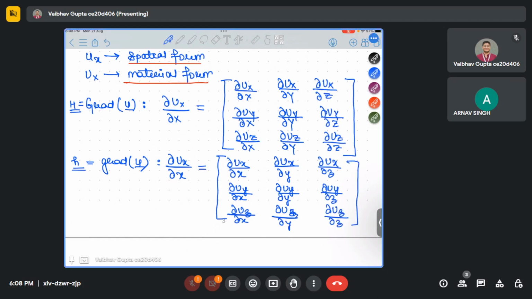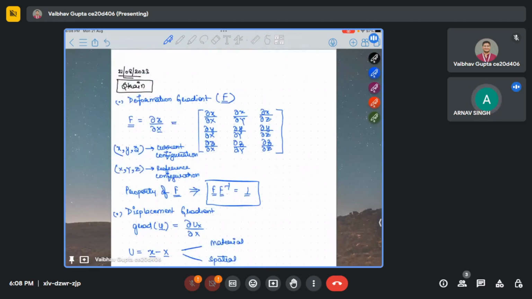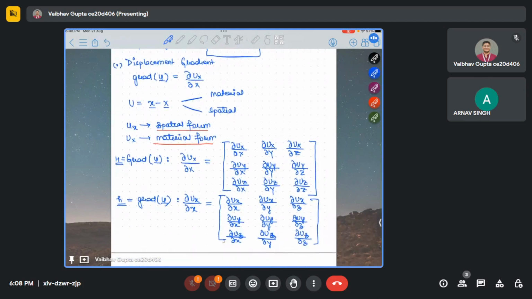This is the displacement gradient. Deformation gradient and displacement gradient are both different. Don't confuse these two things. Fine.